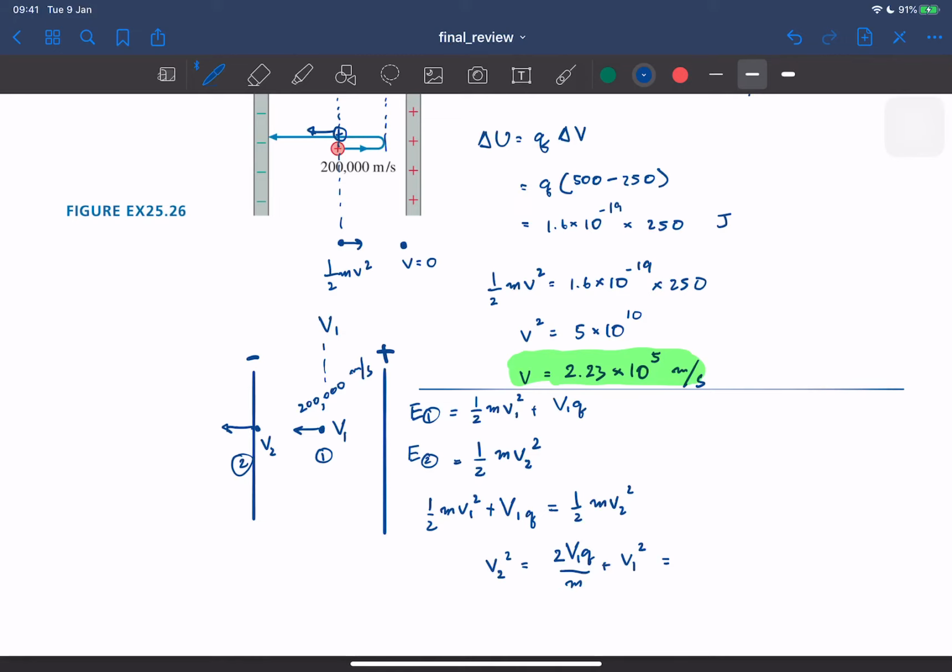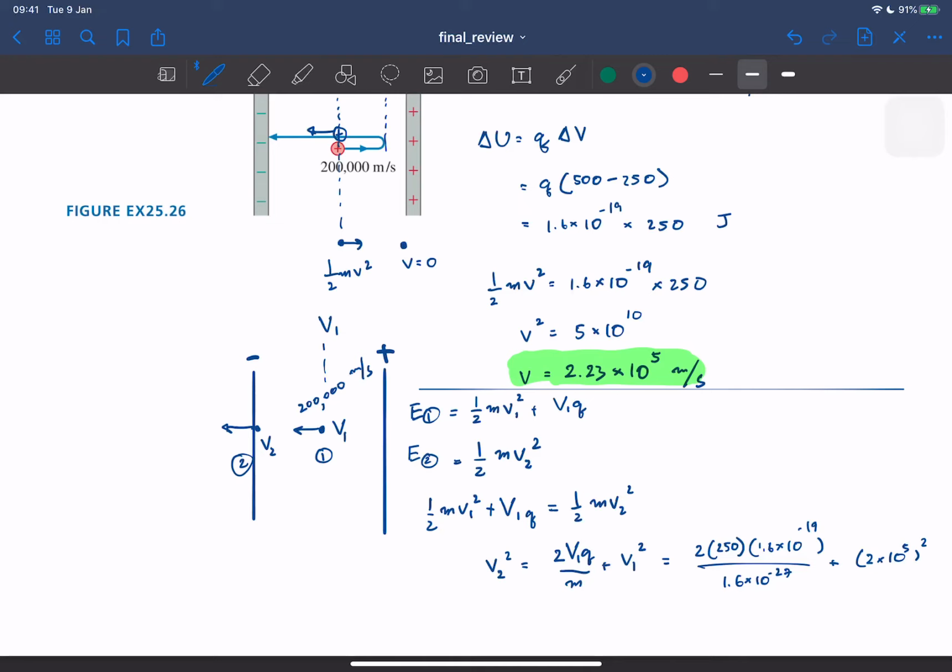Putting in the numbers, we have 2 times 250. That's the potential for the middle point, times the charge, which is 1.6 times 10 to the minus 19, divided by m, 1.6 times 10 to the minus 27, plus v1 squared. v1 is 2 times 10 to the 5, squared.